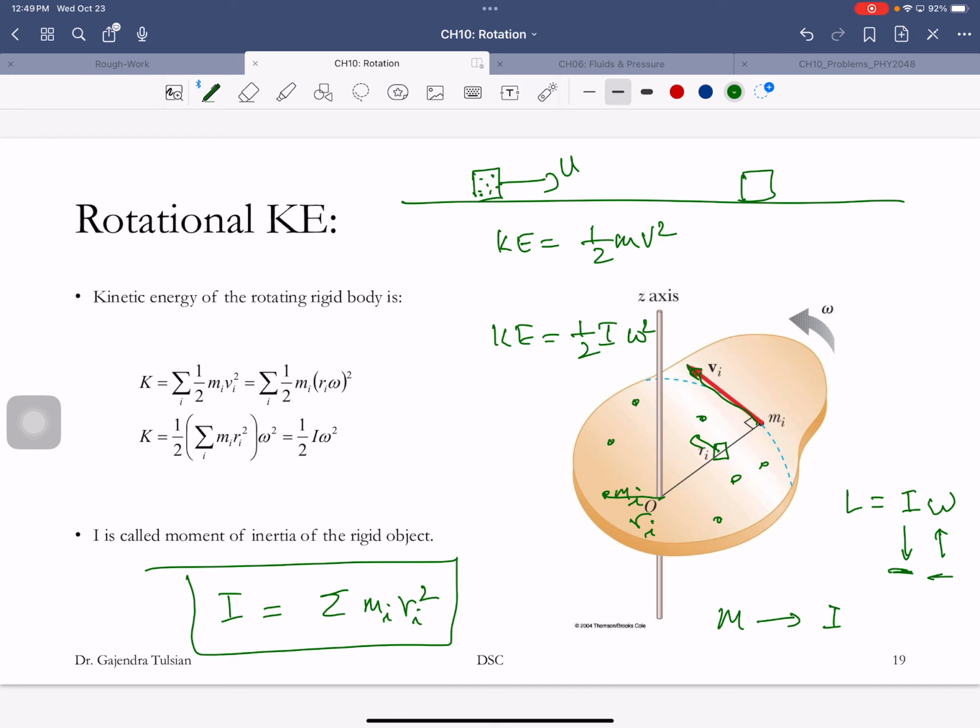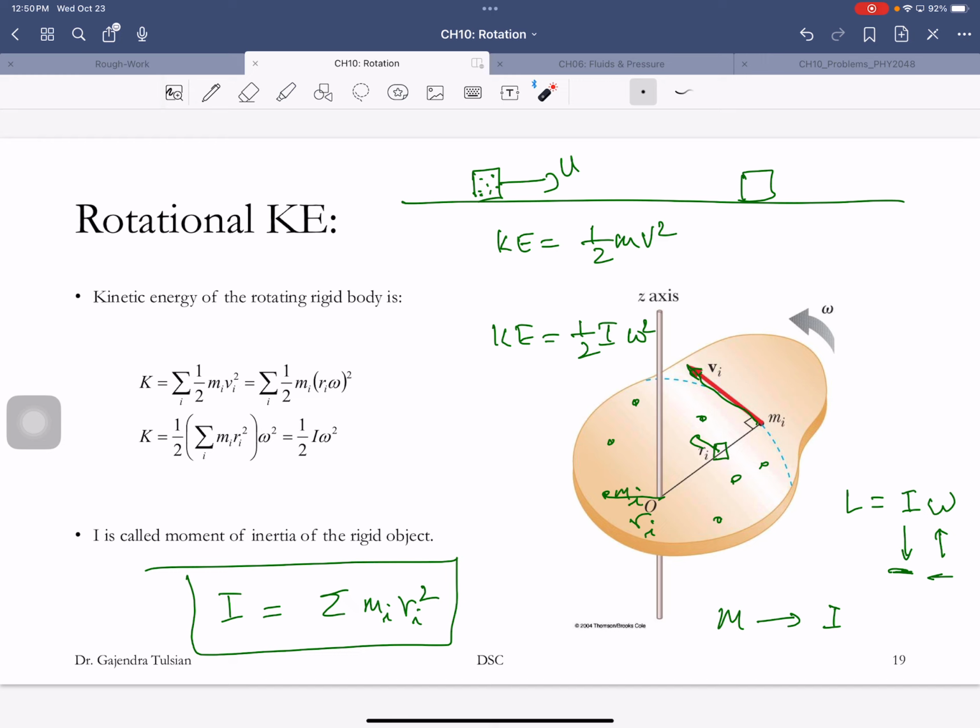So the kinetic energy of rotation is 1/2 I omega squared, and the moment of inertia depends on the mass and how the mass is distributed about the axis of rotation. So a given object can have infinitely many moments of inertia.